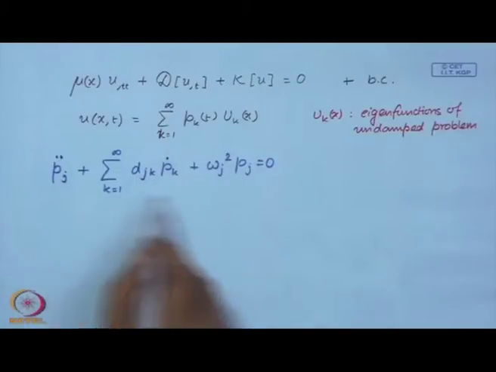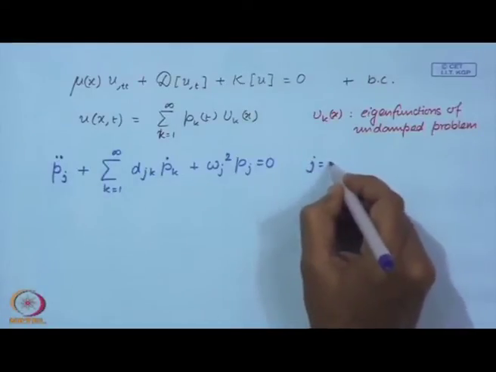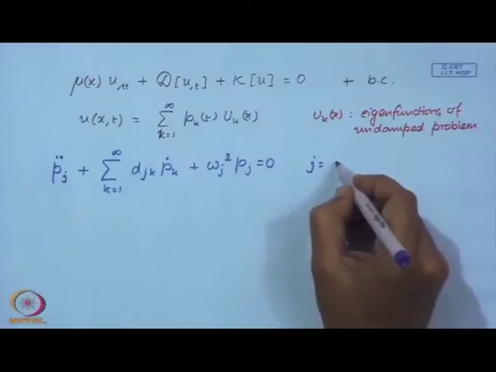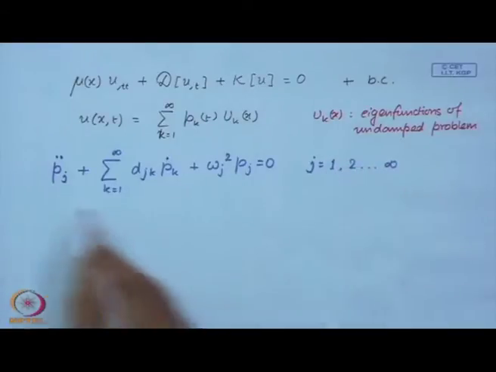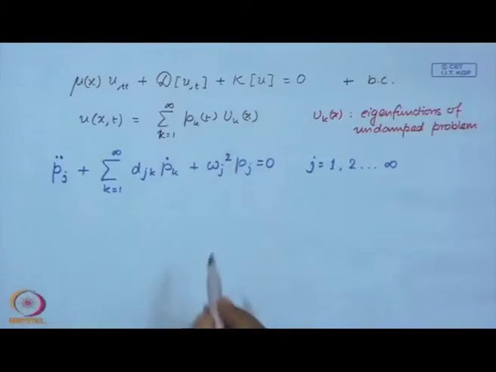So, I have directly written the coefficient of the jth term in the solution. So, I can carry this out for all j and get all the equations governing the jth modal coordinates.